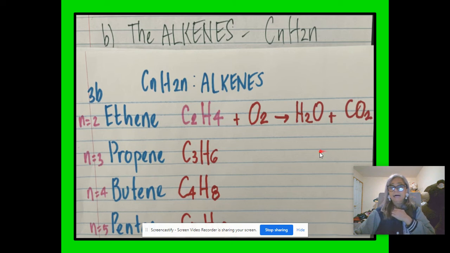Now another hydrocarbon group that we discussed in class was the alkene group, or the alkenes. They have this formula, CnH2n, the general formula for alkenes.